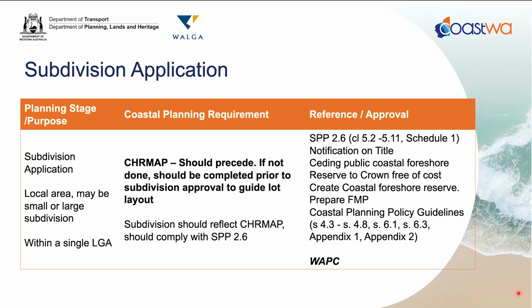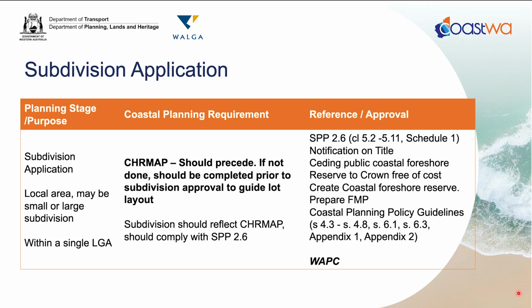Now you might recognise that this differs slightly because this notification refers to Section 165A of the Planning and Development Act 2005, and that is because the West Australian Planning Commission, through the subdivision process, can use the Planning and Development Act for their notification on title, whereas the previous example with the City of Albany was referring to Section 70A of the Transfer of Land Act 1893.